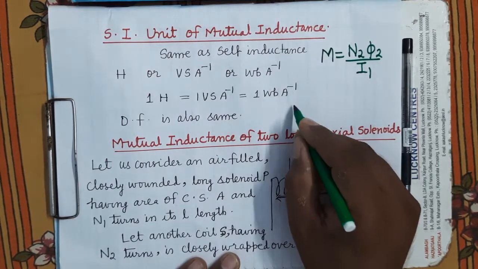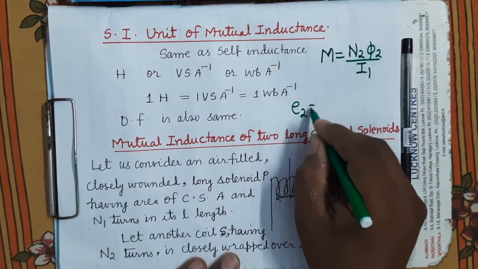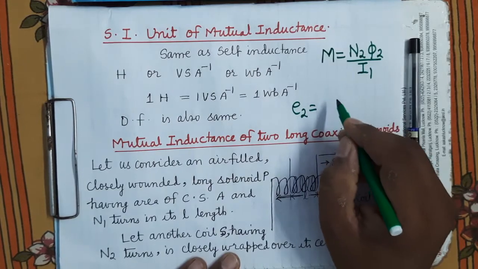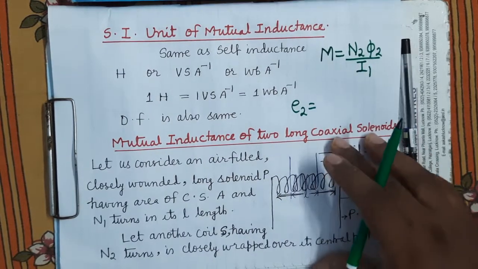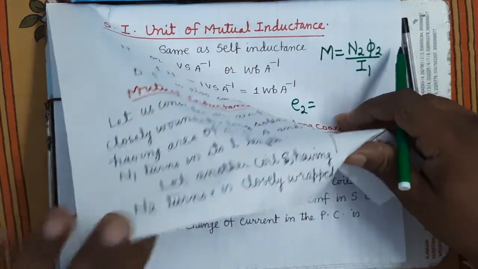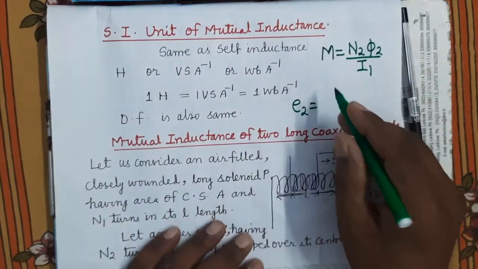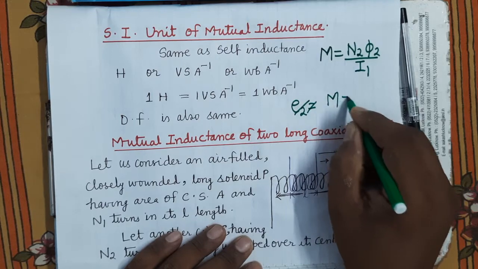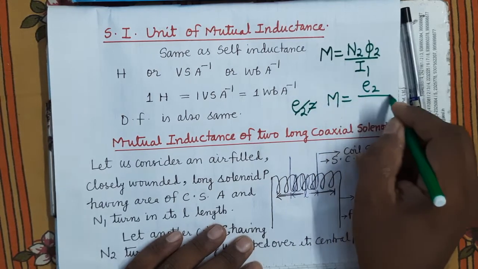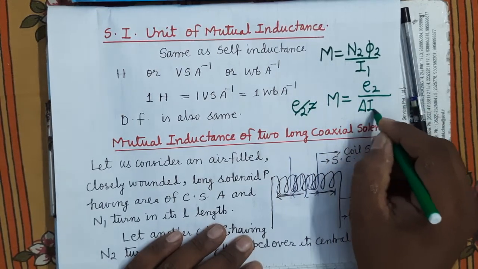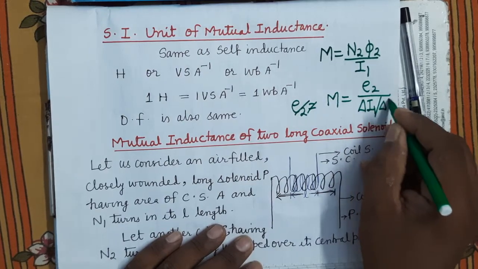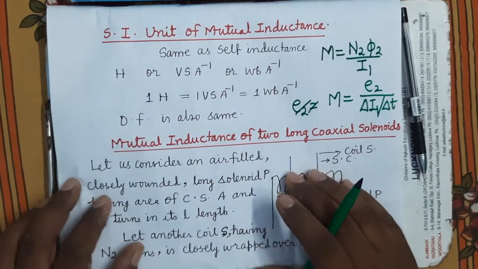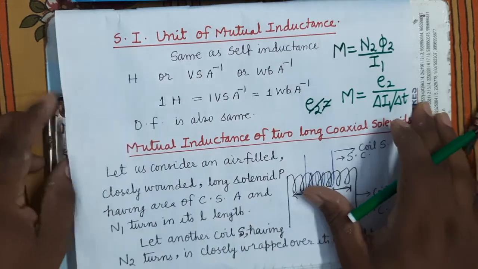Now you have seen here E2, I have reduced the relation to M equals E2 upon delta I1 divided by delta T. If you simplify this relation, what will you get?